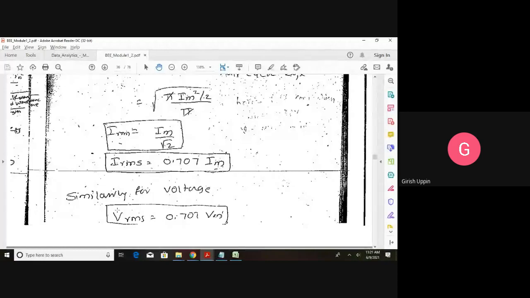That 230 volts is nothing but an RMS value. Now the task is, can you find the mathematical equation of your household connection? Whatever the voltage your household has, 230 volts, it is an RMS value.